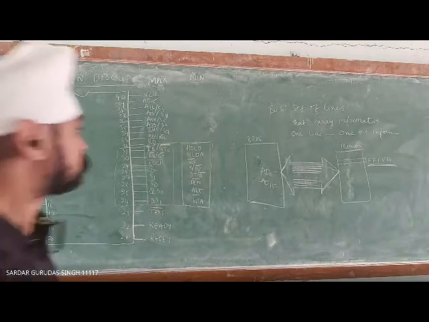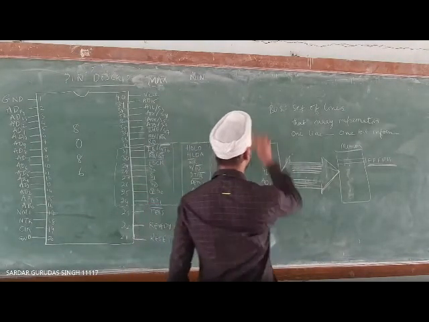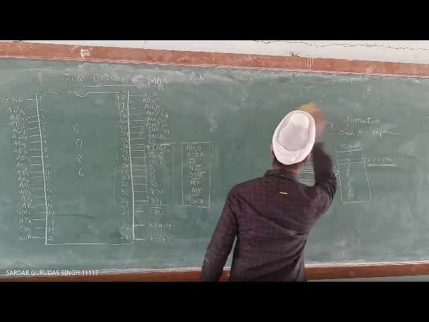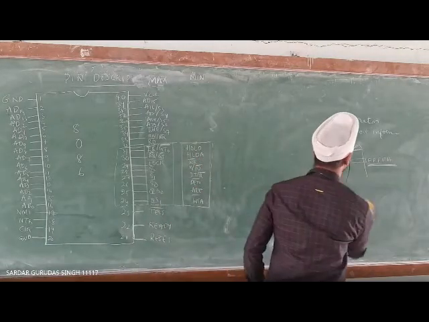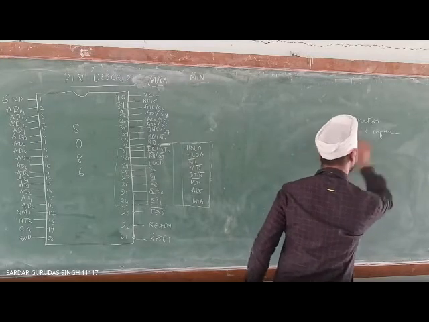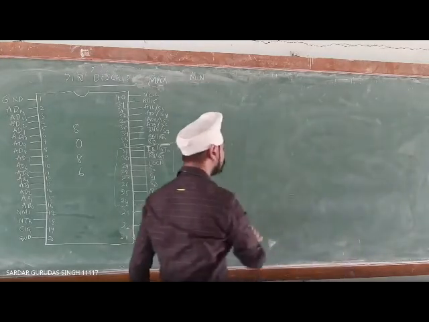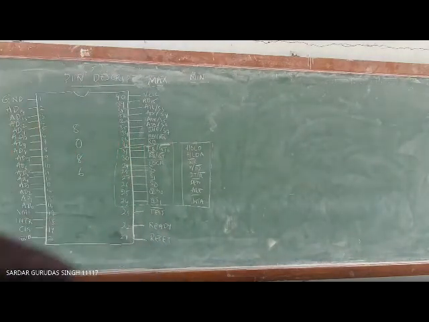That is the reason why we call them time multiplexed signals. According to the time, either address is available on the bus or data is available on the bus.